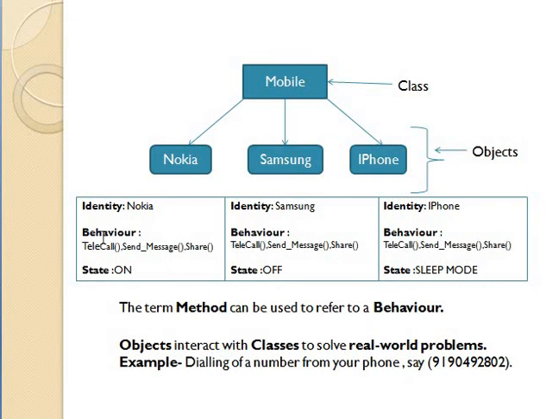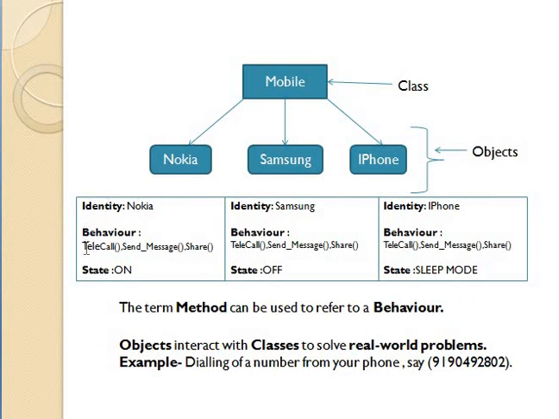When you dial a number from your phone, it internally calls some method that will concatenate or join together all the digits that comprise the number and then display it on the screen. For example, if you try to dial the number, say 919049228802 from your phone, it internally calls some method.